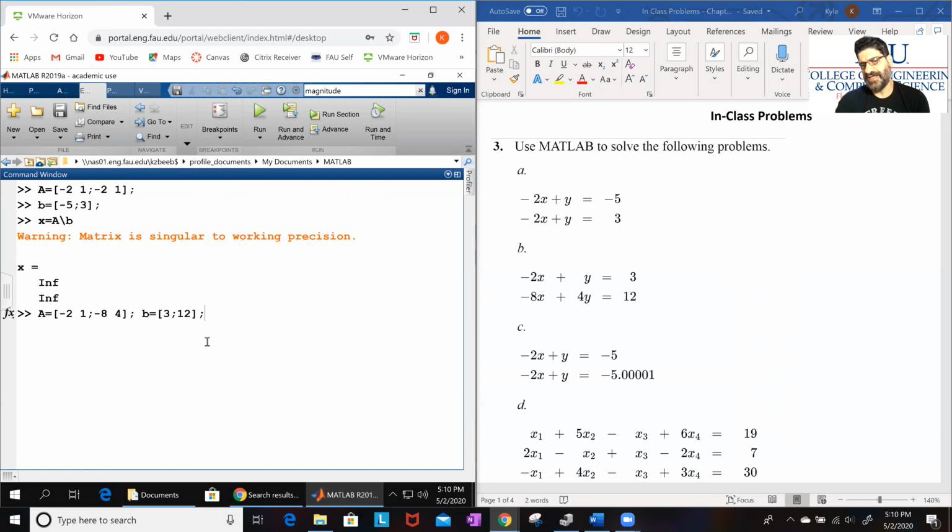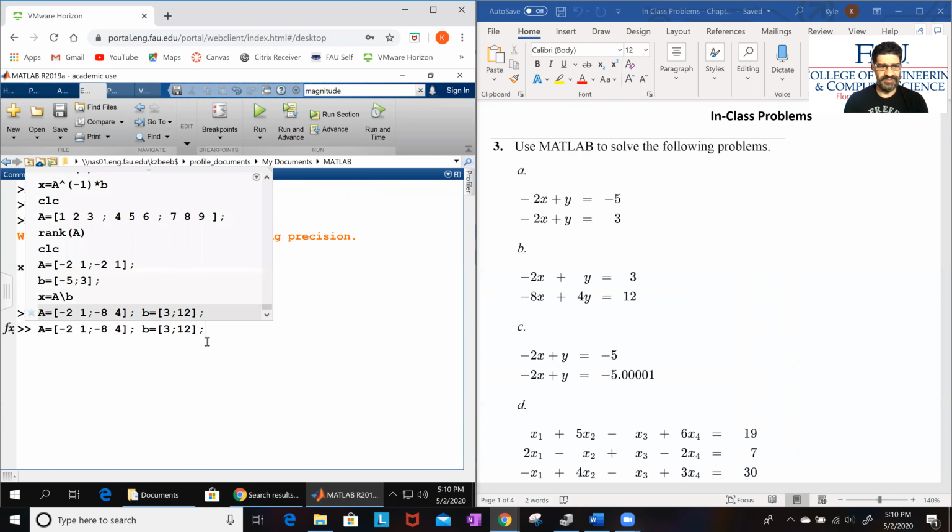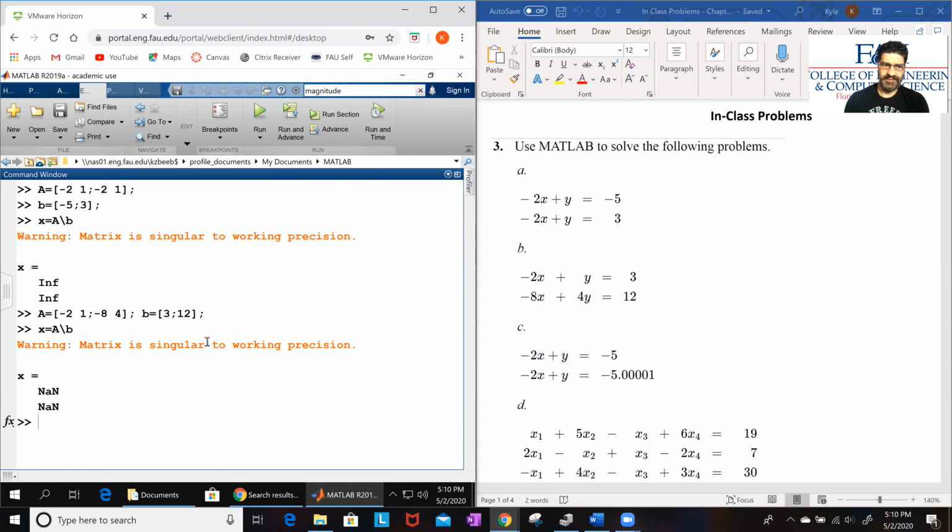Just multiply it by 4 and you get the same equation. So if you do the division, you will get not a number in this case, because the matrix is singular.